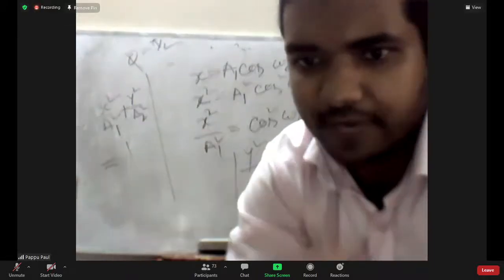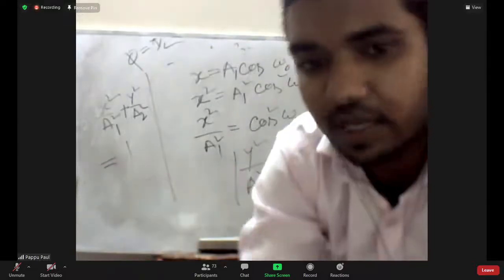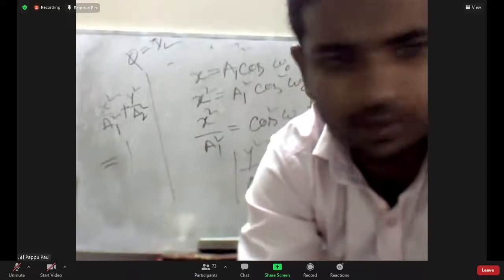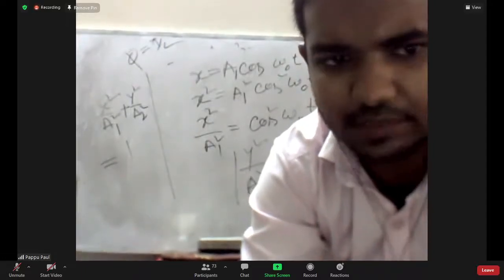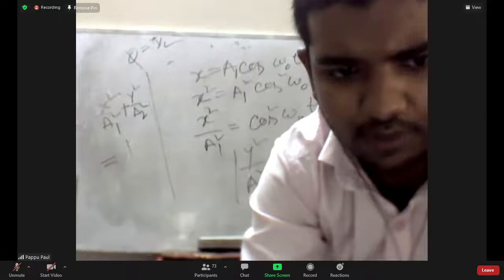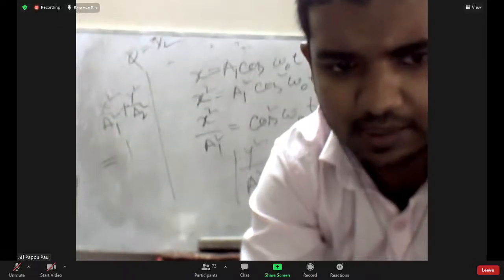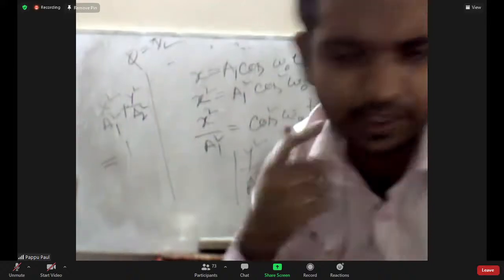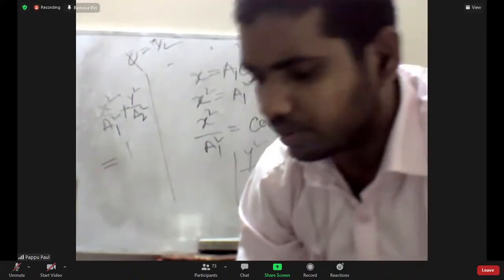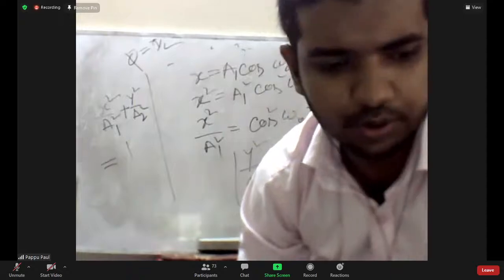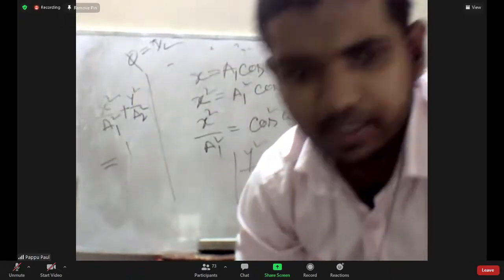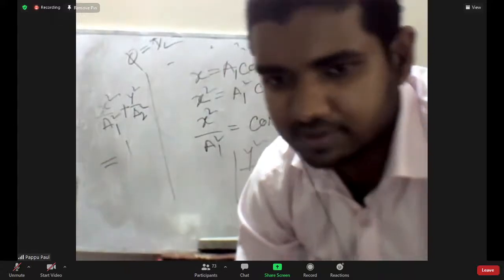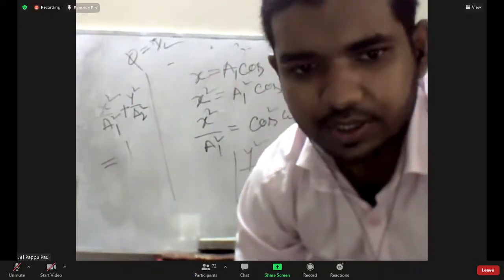You can change the value of this phase difference there. If you put the phase difference 0, you will find a graph like this. And if you put other values of delta, then you can find this graph looks like this. So whenever you get a chance to go to MIST in your lab, then you can look at all these things with your own eyes.